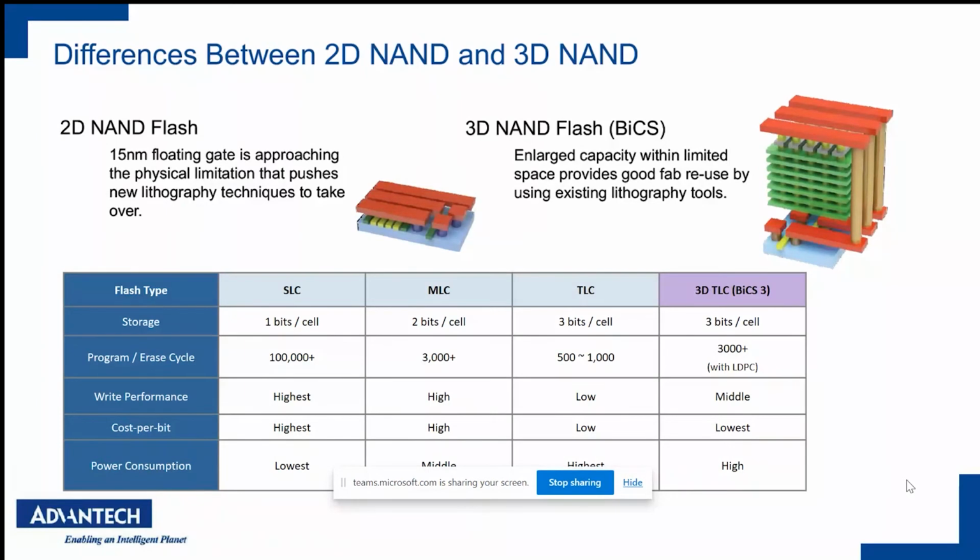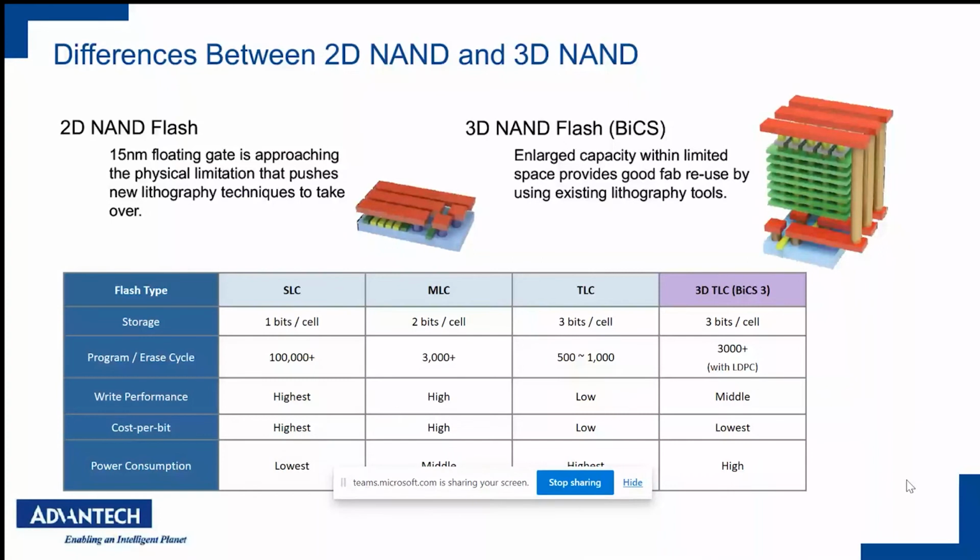In reality, 3D NANDs come in many layers. In total, we have 5 layers, 24 layers, 48 layers, 64 layers, 96 layers, and 112 layers, which will be in the future. The mainstream are 64 and 96 layers nowadays.